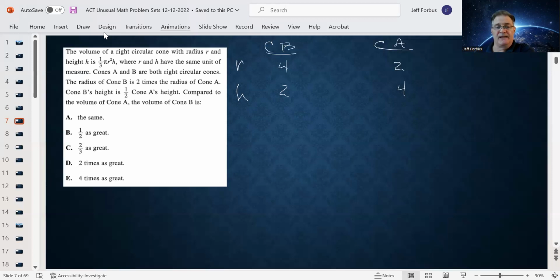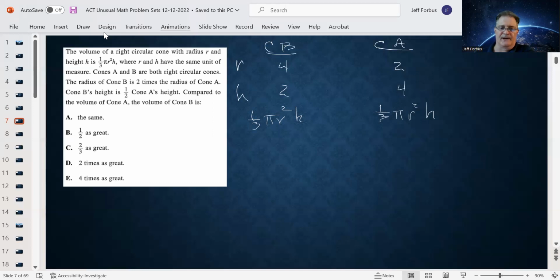So we're comparing them to one another. That means we have to calculate the volume of both cones, and we're going to do so by using the formula that they gave us: 1/3 pi r squared h. Fill in the numbers.